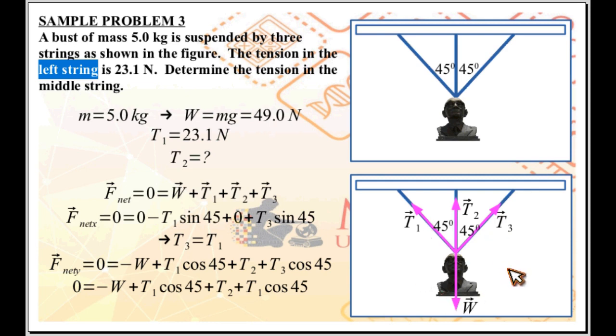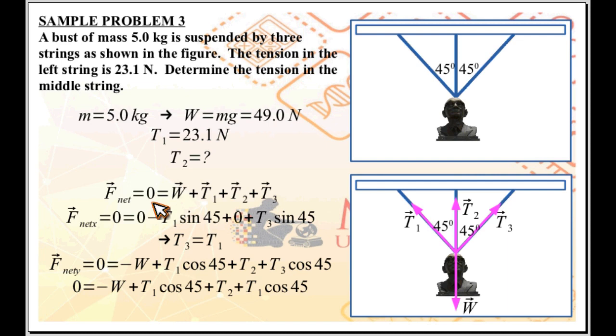So we set Fnet to 0, and there's only one object to consider, the bust, so only one free body diagram to analyze. Fnet is the summation of all the forces acting on the bust: weight, tension 1, tension 2, tension 3. And the summation is equal to 0.